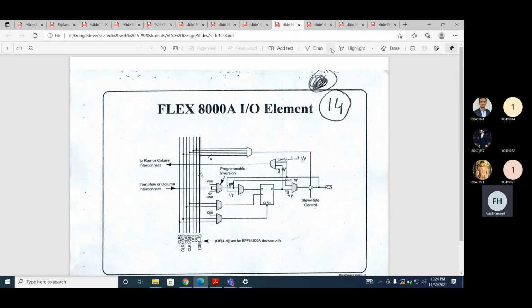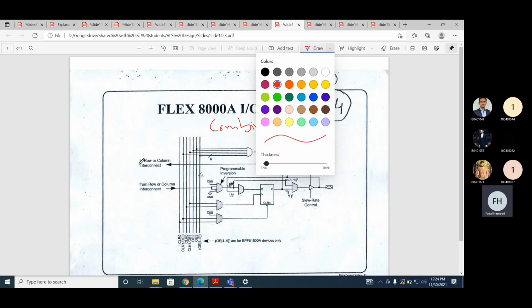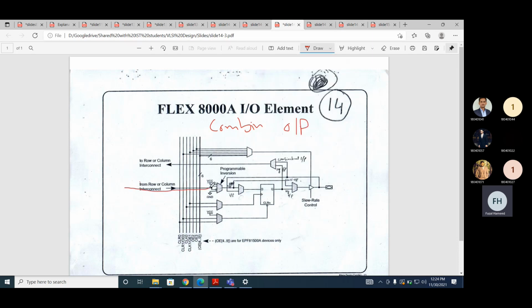combinational output. In case of the output, the signal will be coming from here, from row and column, and from the output.